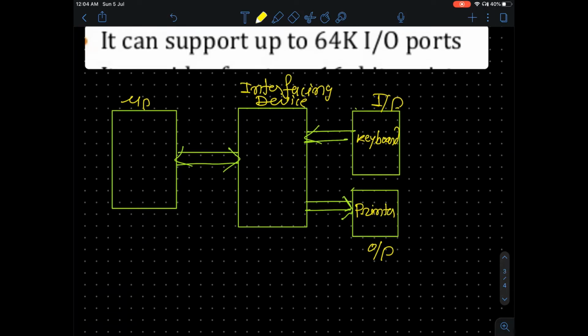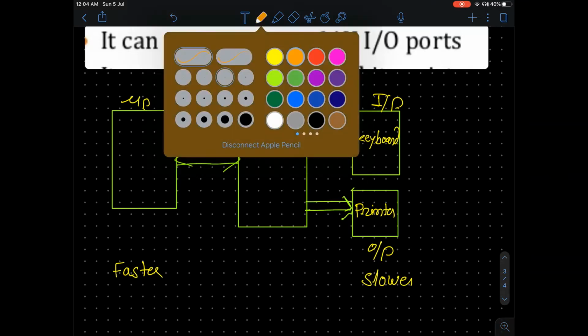As we are aware, the microprocessor is faster as compared to these I/O devices, which are slower in nature. That's why some mediator is required, which is called the interfacing device, to have proper communication between the microprocessor and I/O devices.